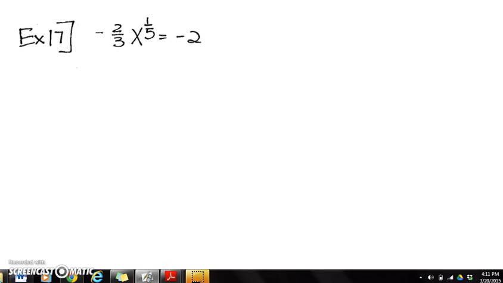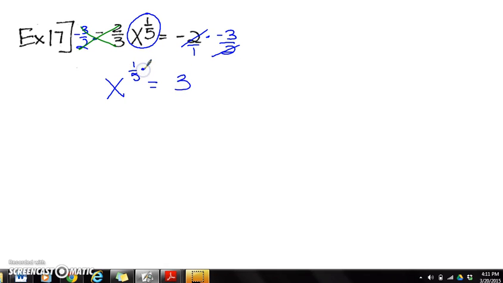All right, just a couple more problems. Here, you have to isolate the x to the 1/5. So we're going to multiply by the reciprocal. And the reciprocal, remember, is a negative 3/2. So fractions multiply tops times tops, bottoms times bottoms. Those cancel. They completely canceled over here. So we have x to the 1/5 equals a positive 3.